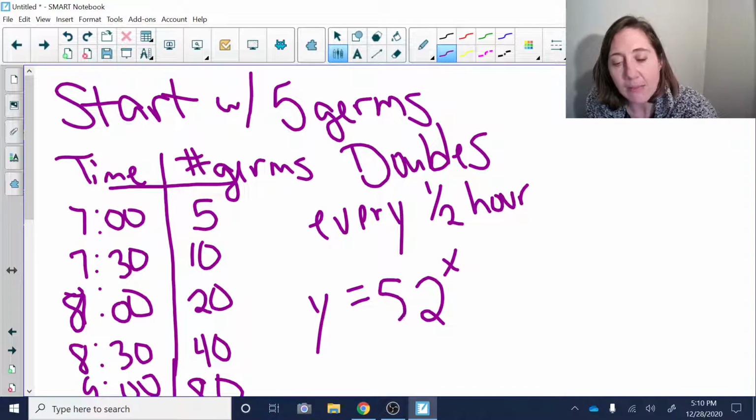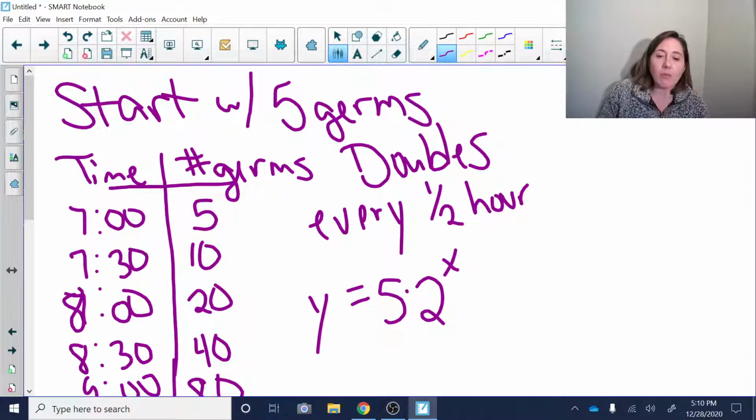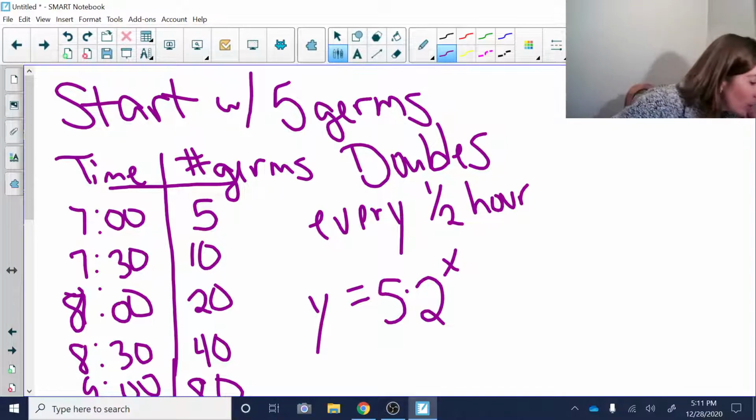So my equation would look like this: y equals 5 times 2 to the x. The 5 is the initial amount. I wanted to show you a number where I had an initial amount. And x here would be in half-hour units. I probably should have clarified that, because it was every half hour that this particular germ doubled.